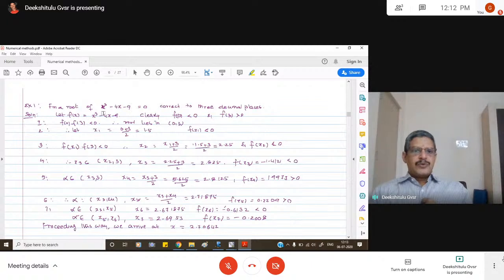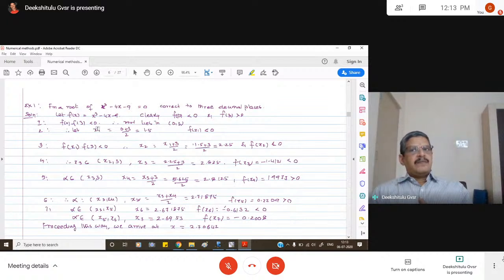If you take x equal to 2, 8 minus 8, 0 minus 9, still negative. f of 3: 3 cube is 27, minus 9 is 18, minus 12 is 6. So f of 3 is positive. So f of 0 is negative, f of 3 is positive, they are on opposite sides. So the root lies in the interval 0, 3.